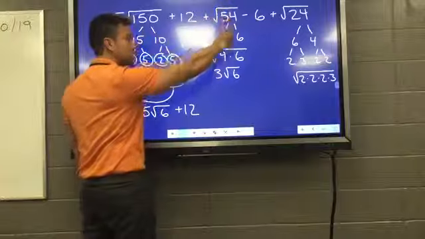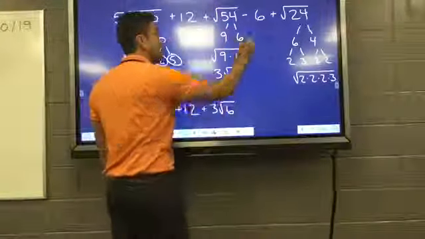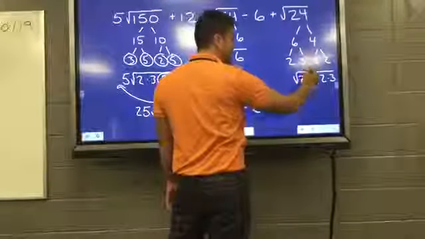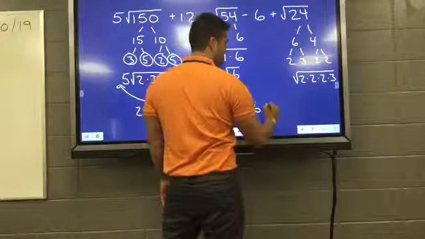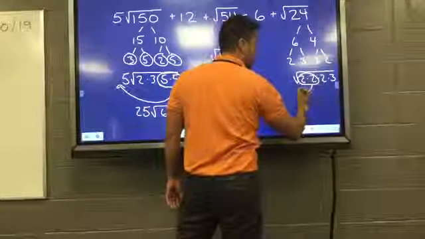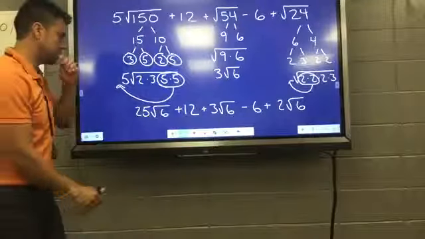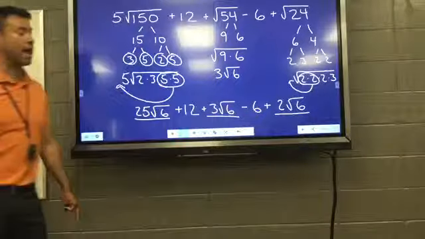The next term simplified into 3 times the square root of 6. Negative 6, nothing happened to it. And then this one, the 2 comes out: 2 times the square root of 6. So I have 1, 2, 3 like radicands.